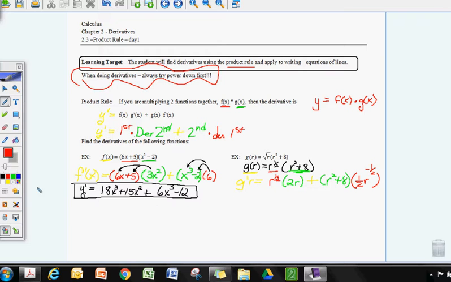So when I do that, I end up with y prime equals r to the 1/2 times 2r. You have to add the exponents. That's 2r to the 3/2 power. Add it on to, this r squared is going to have to be multiplied by the red, and the 8 is going to have to be multiplied by the red.